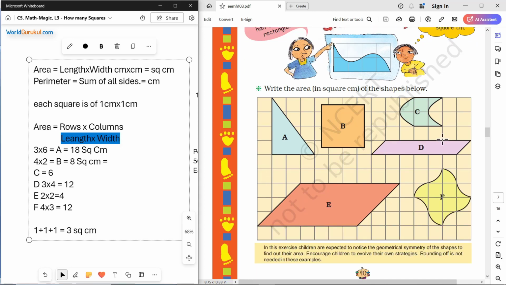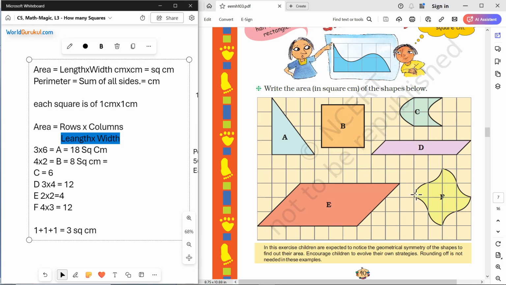Now, can we find out the area of the shapes below? Yes, we can. Based on the estimation, approximation calculation, can you do this? This is your homework. Any questions? Let me know. I'll help you. Small clue I will give you.